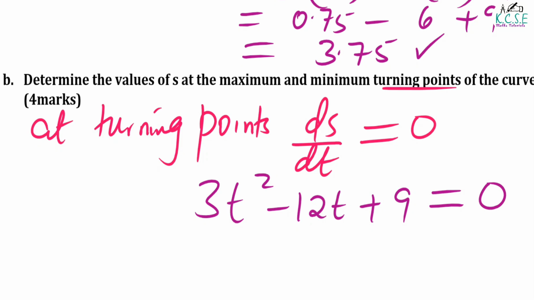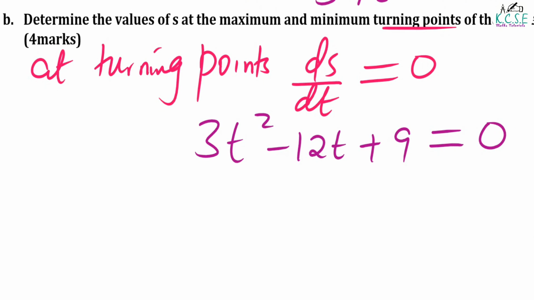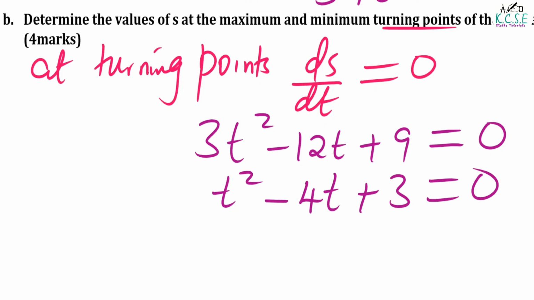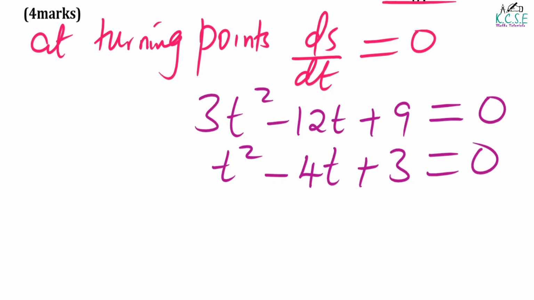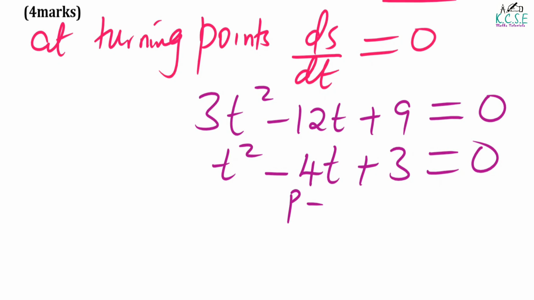And when you look at this equation, this is a quadratic equation. When we work it out, we shall obtain two values of t. We can simplify this by dividing everything by 3 to get t squared minus 4t plus 3 is equals to 0. Now working out this, you factorize, you look for two numbers which will give the product 3 and the sum negative 4.